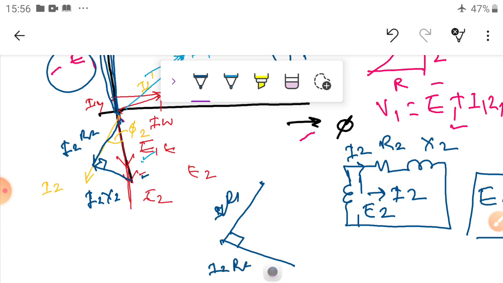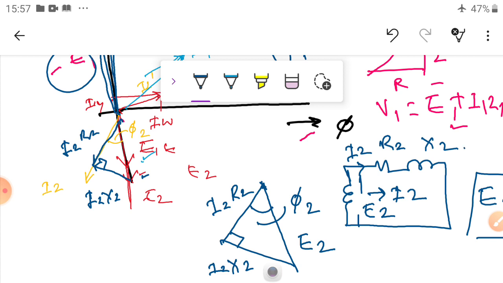What is the value of this one? This value is I2 R2. This is X2, and then this is equal to E2. Okay, so this angle is phi 2.